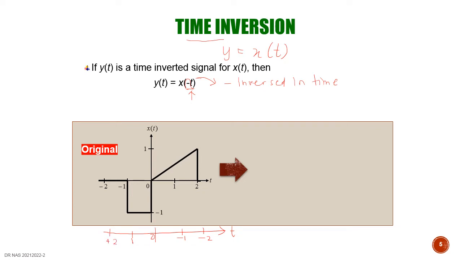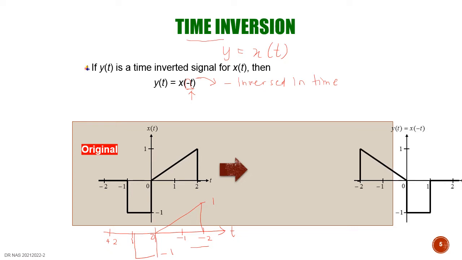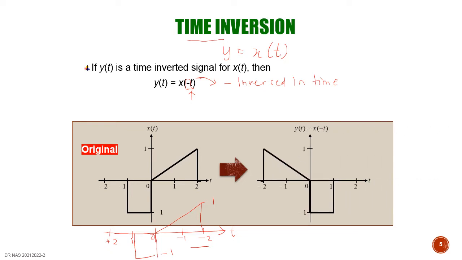But the amplitude remains the same, as 1 and minus 1. Now you can see that the negative axis is on the right, so you need to rearrange the axis back to the original axis. At the end you'll get the new signal y equal to x(minus t).